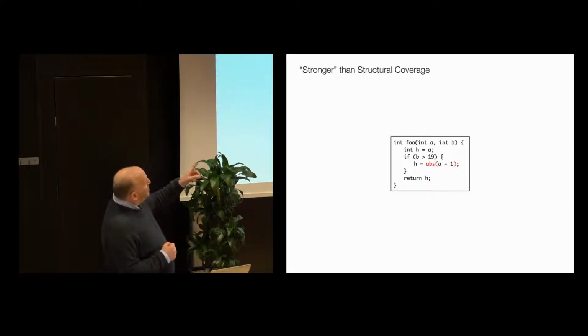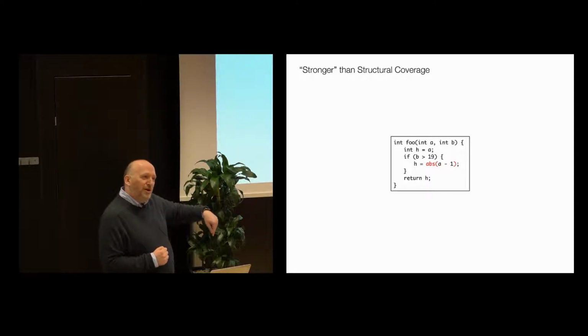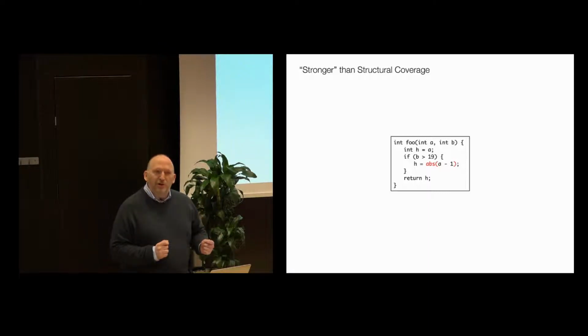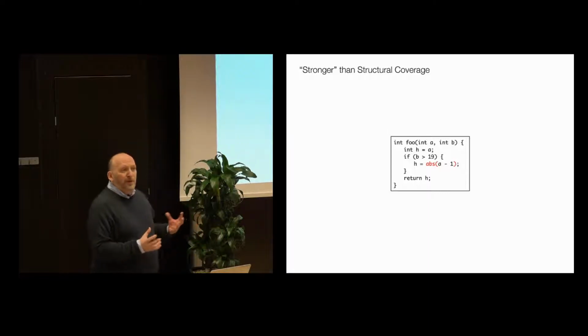So in this case, the mutation is inside a branch, so we've kind of got to do branch coverage to even get to the mutant. And then we've got to give it interesting data, which gives a different output from what we would normally get. So there's more conditions than just for branch coverage, especially if you imagine you're making mutations all over the code. Typically you make a lot of mutations.